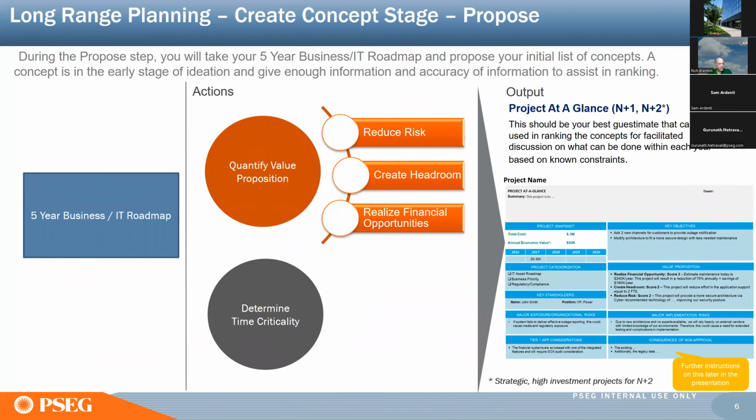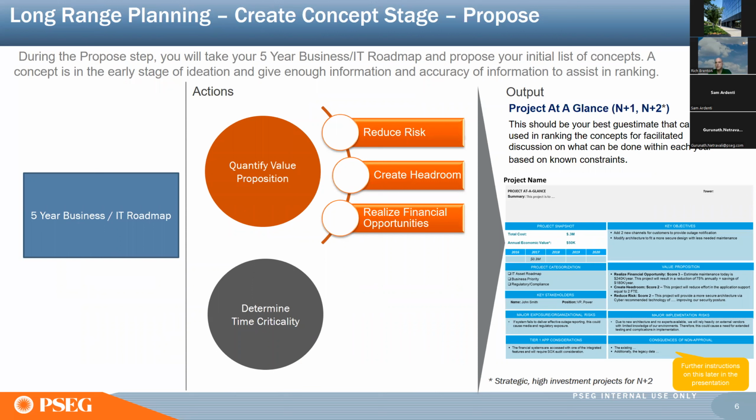So what you'll see, and I think some of you have seen this already, but really, as you take the roadmaps, the goal of the GPM and the PMO, we can help you walk through this process, is to create what you see on the right there, these projects at a glance, right? So it's basically an ultra light version of a business case.